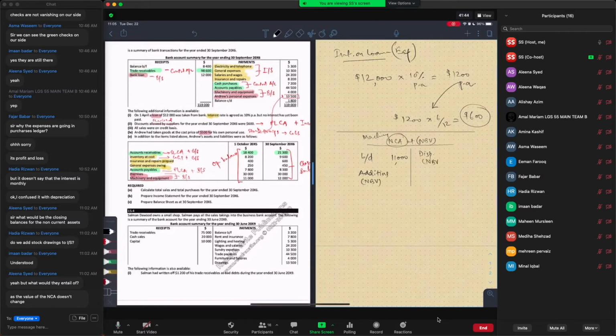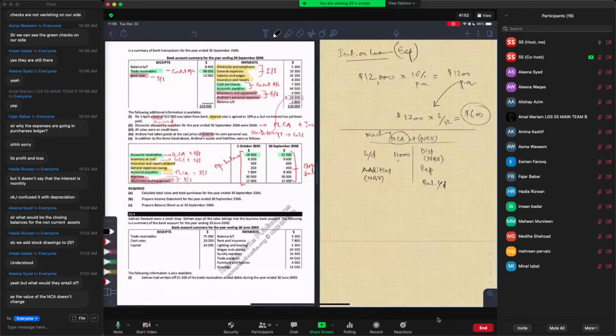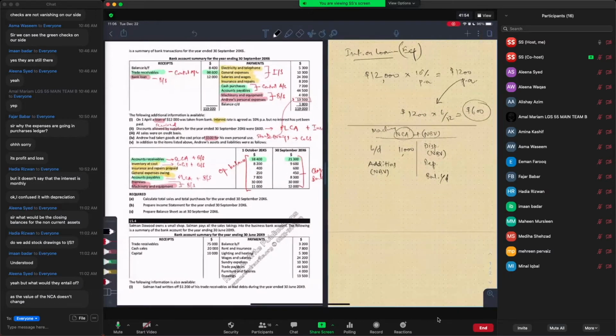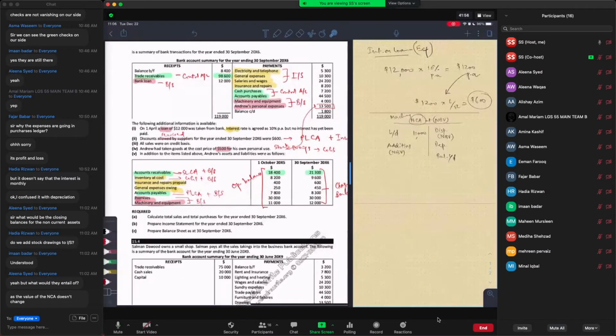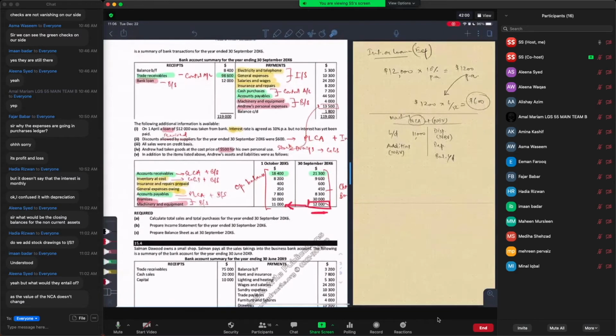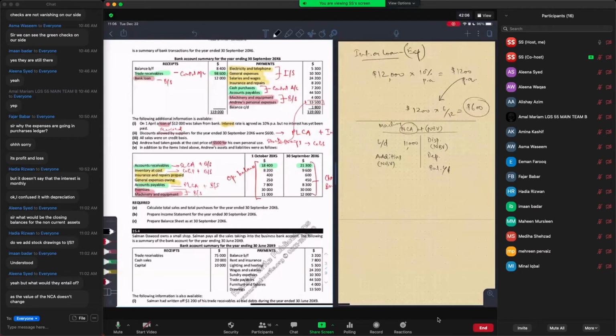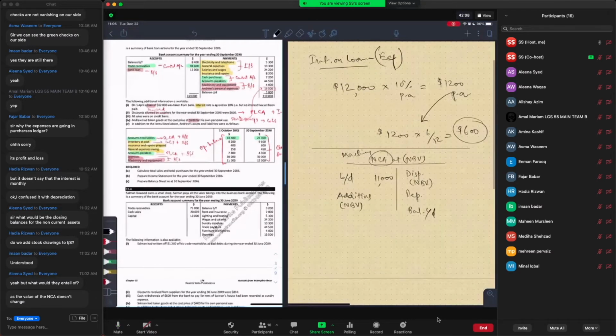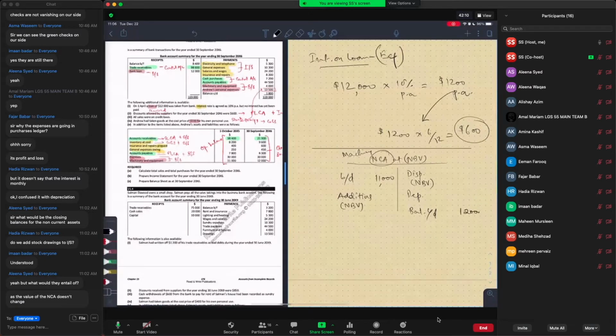And then we have the depreciation charge here, and then the balance carried down, which we are given again from the same list of balances. This is the closing balance here, that's your opening balance, and this is the closing balance. So balance carried down here, we have $12,000. We are given the opening balance and the closing balance.